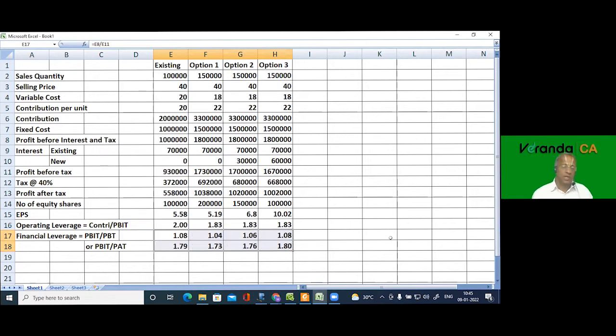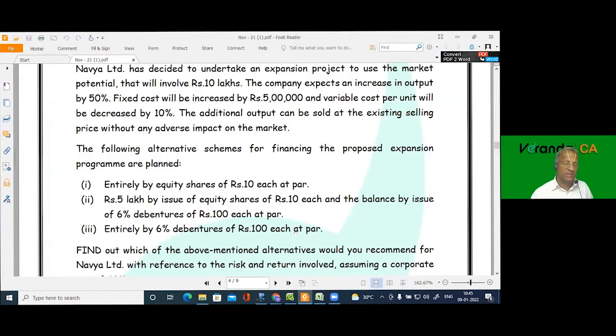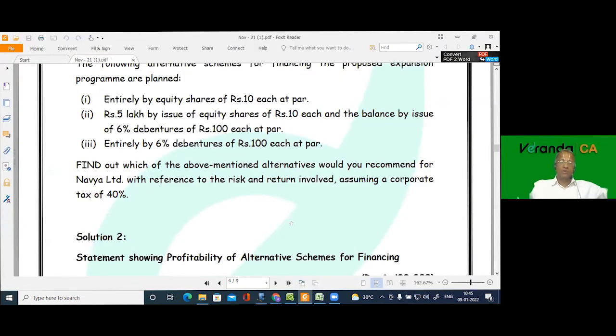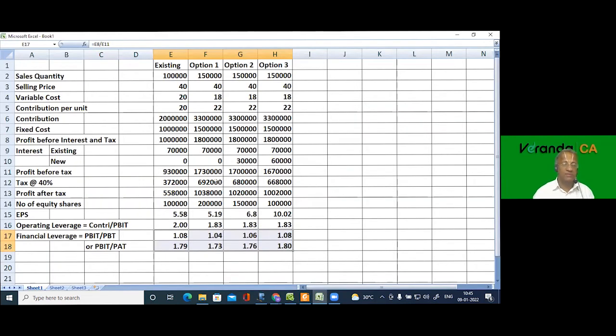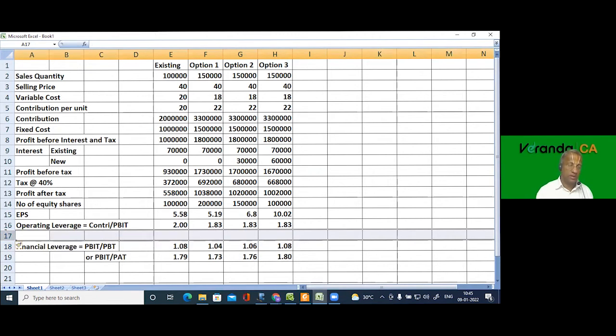Okay. So now the question. What was the question they asked? Find out from the above alternatives that you would recommend for Navya with reference to risk and the return, assuming a corporate tax rate of 40%. So 40% we have adopted. Yes, okay. Say now financial leverage, for which if I have to give rank is going to be, say first one, existing one, I'm not giving any rank.